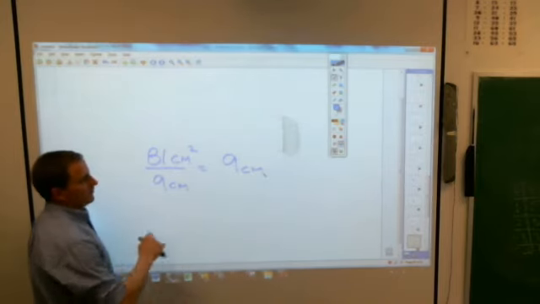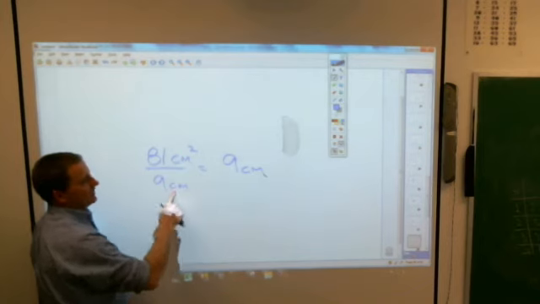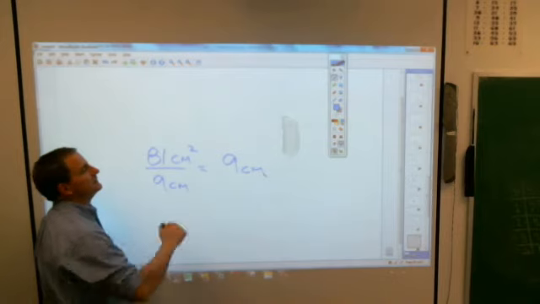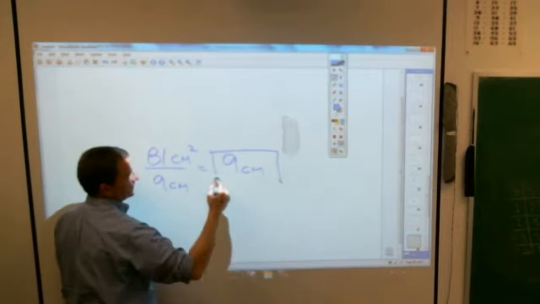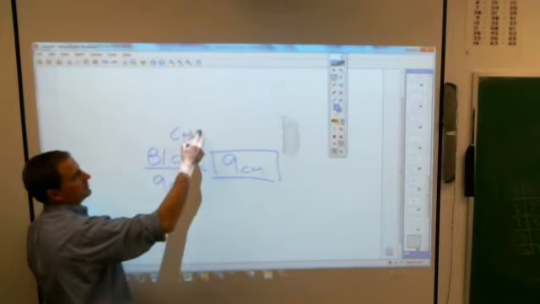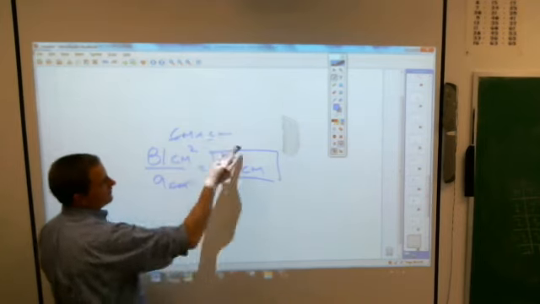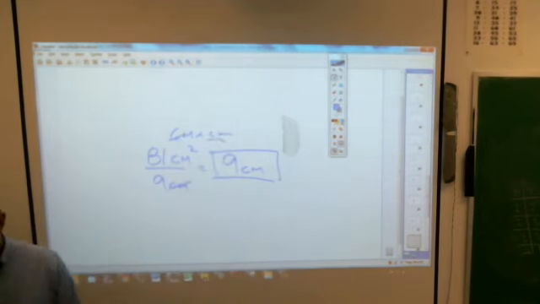It would be 9 centimeters, just simply 9 centimeters. The centimeter squared is centimeters times centimeters. The centimeter crossed off that centimeter is just 1 centimeter there.